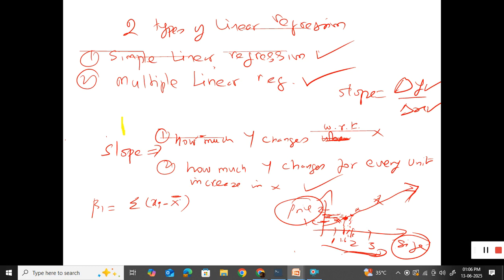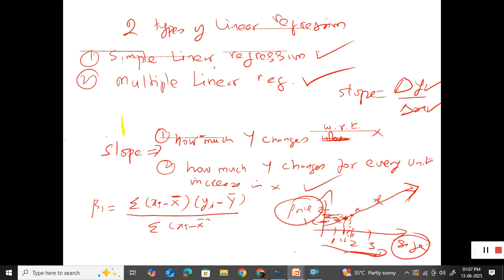In statistics, we use a term called mean. Mean means average. And multiply this by yi minus y bar, divided by the sum of xi minus x bar whole squared.